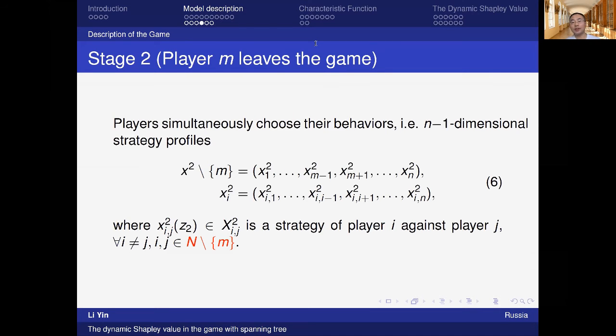But if M leaves the game, the graph is changed because the set of players is changed. Now it is N minus M.